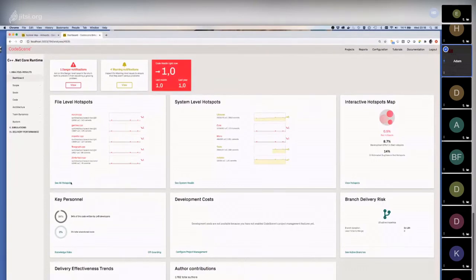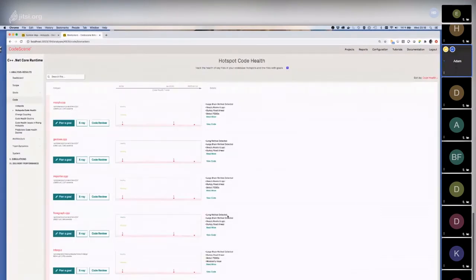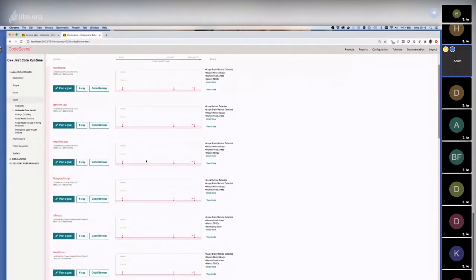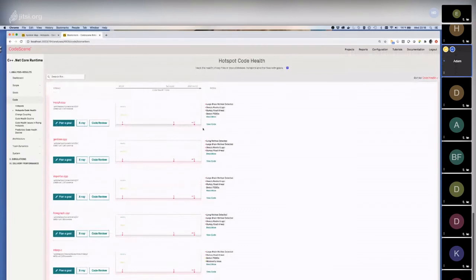I also understand that it's a pretty old code base in a complex domain. But looking at the code health scores here, we see that almost all the top hotspots here in the C++ parts, they score in the lowest possible category, meaning that this is code that's going to be very, very challenging for someone unfamiliar with it to maintain.